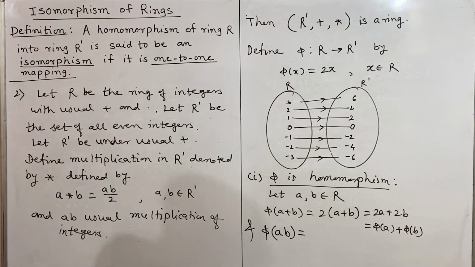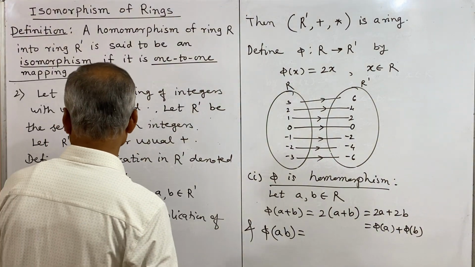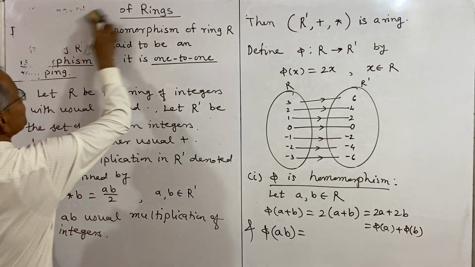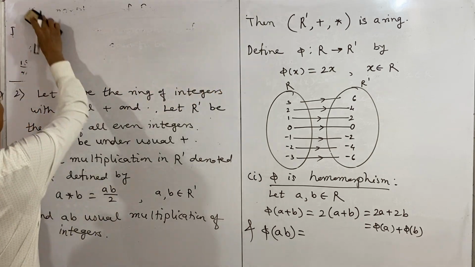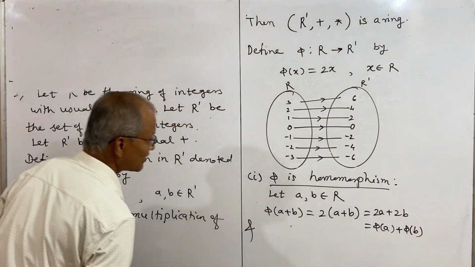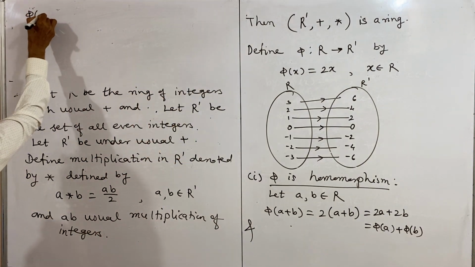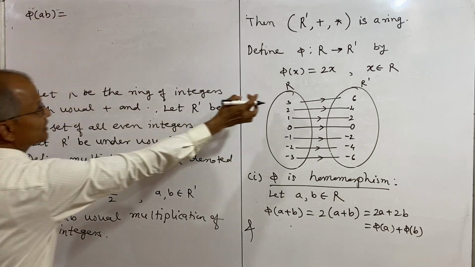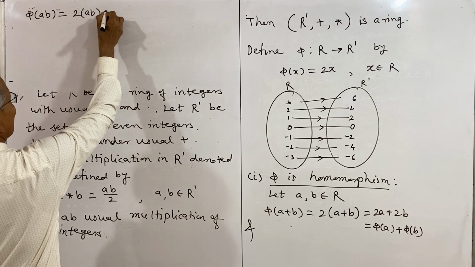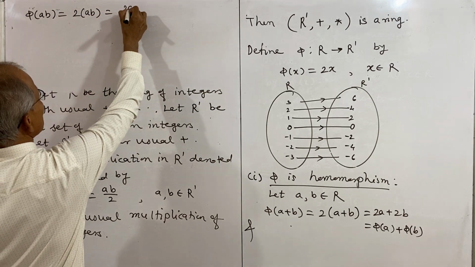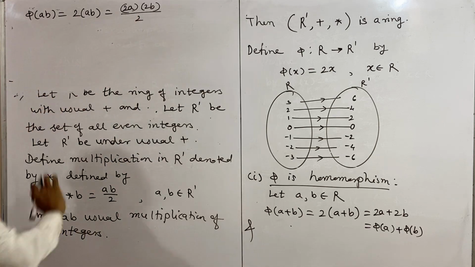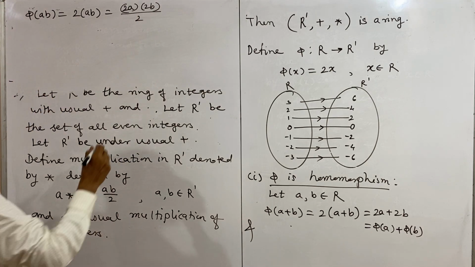Phi of AB, by definition, is 2 into AB, and we can write this as 2A 2B divided by 2. Check it, it is the same. And what will this be?